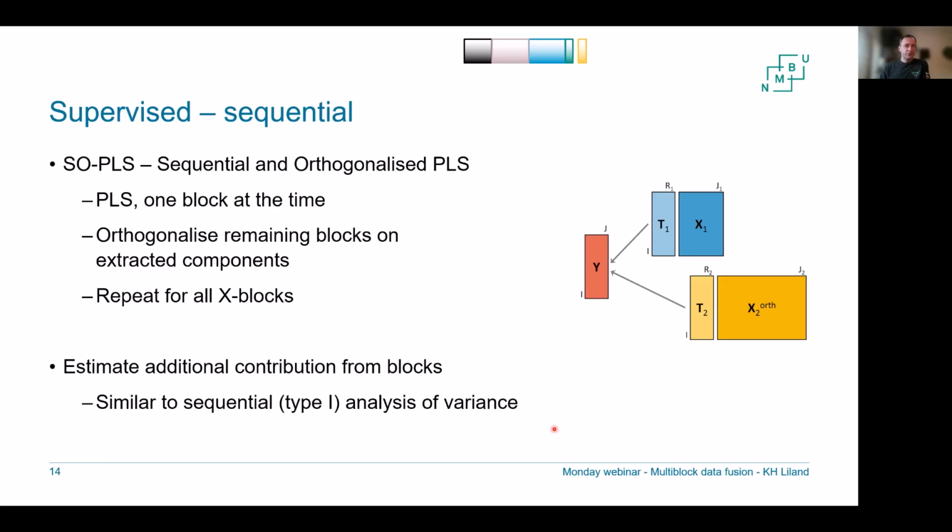We could add multi-way blocks, for instance. We could use this together with LDA, or we could add design blocks inside here. That's actually the origin of this, using one design block and one spectroscopic block. At the time it was called LSPLS, and SOPLS just generalizes this to all cases.